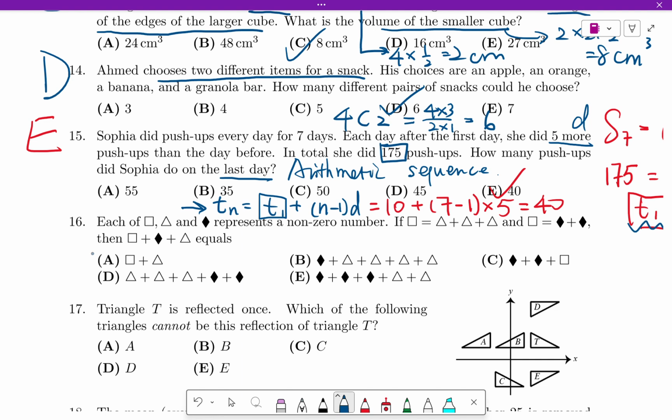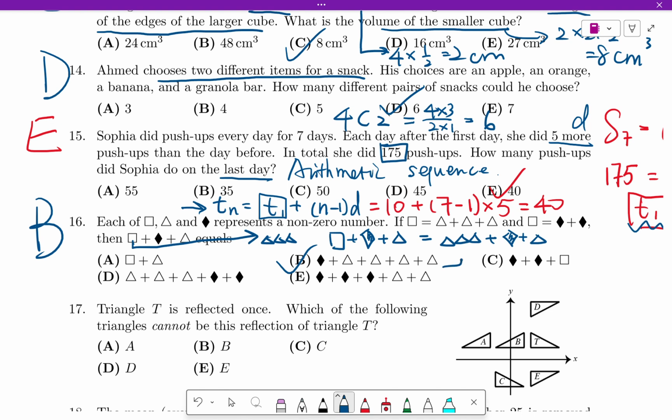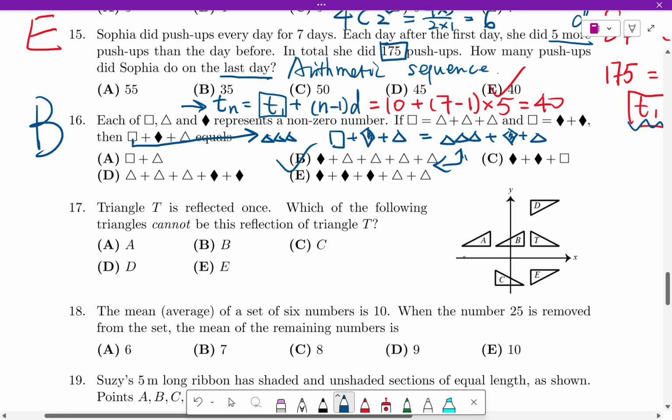So we know that since one square is equal to 3 triangles, we would have 1 square plus 1 kite plus 1 triangle equal to 3 triangles plus 1 kite plus a triangle, and we can see that option B satisfies this equality right here. They're the same.